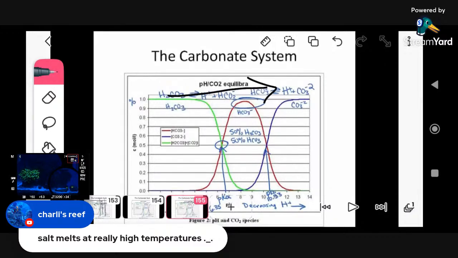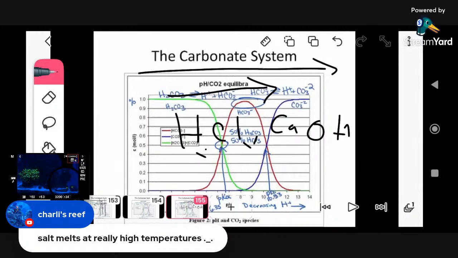And if you throw in hydrochloric acid, HCl, or it might have a 2. No, it doesn't. I don't know. Hydrochloric acid. You throw in hydrochloric acid, or you throw in a strong base like calcium hydroxide, Kalkwasser. If you only threw in baking soda, your pH is going to be going up and down quite a little bit.